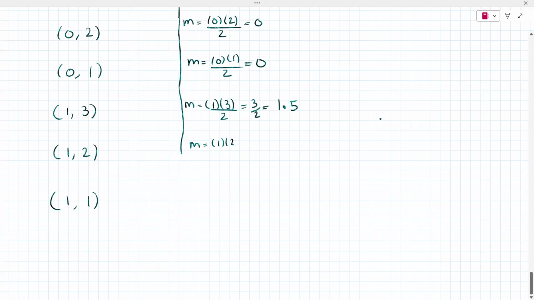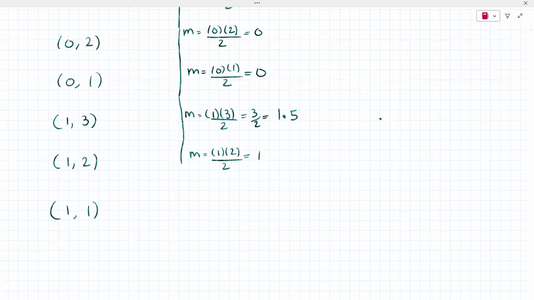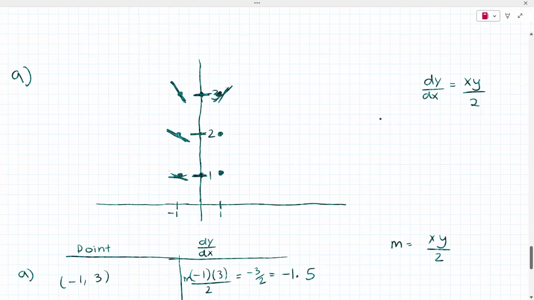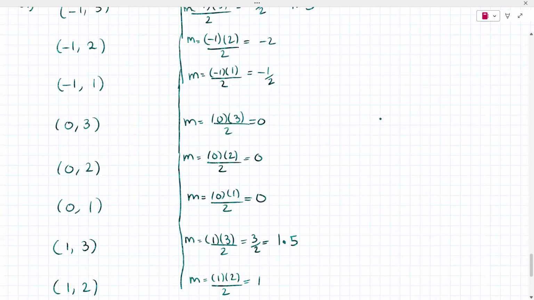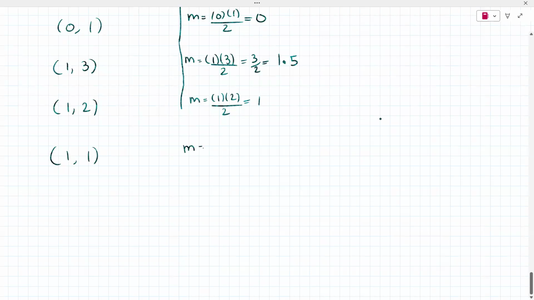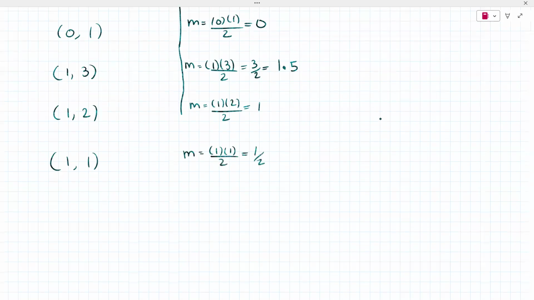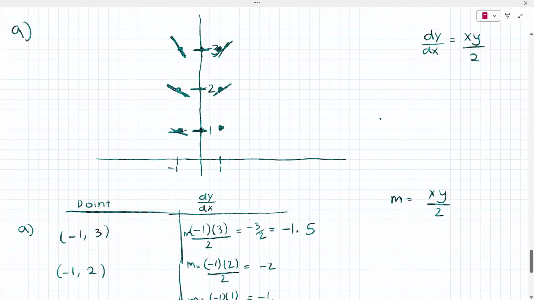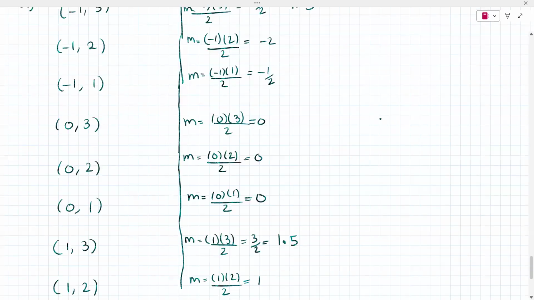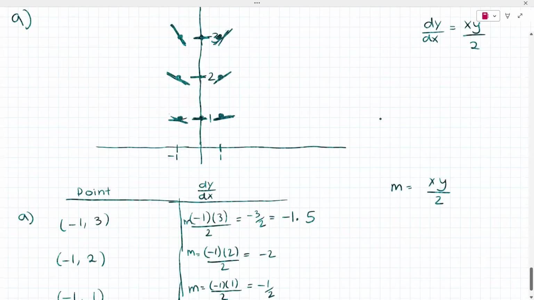My x is 1, my y is 2, all over 2, so that's 1. It's positive, and not as steep as 1.5. And then the next one is 1, 1 over 2, so that's 1 half. It's positive, but not as steep as 1, so it's going to go down. So that is the slope field.